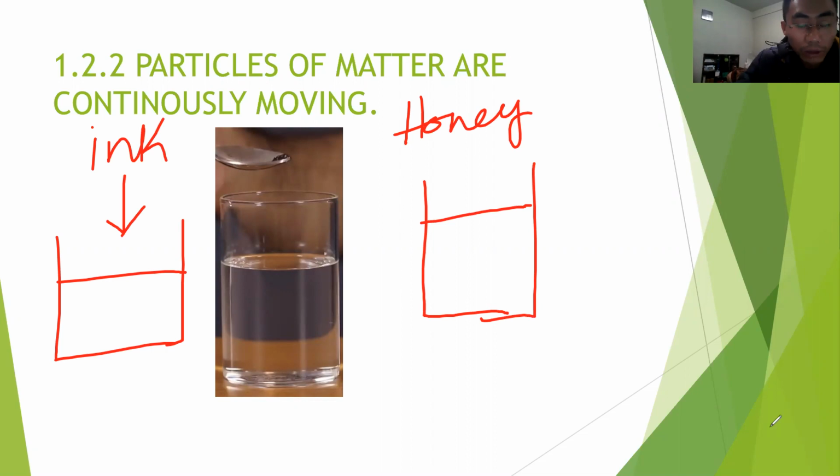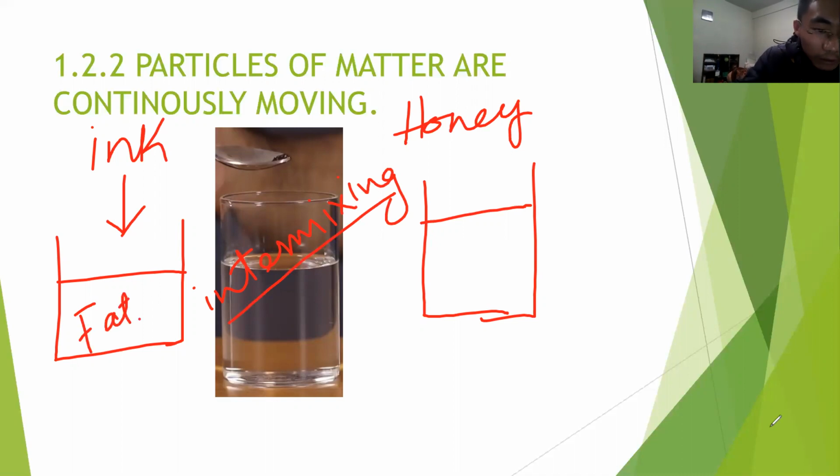Now, what you will observe here is the intermixing. Intermixing of ink is faster in water than intermixing of honey in water. Now, why is this?